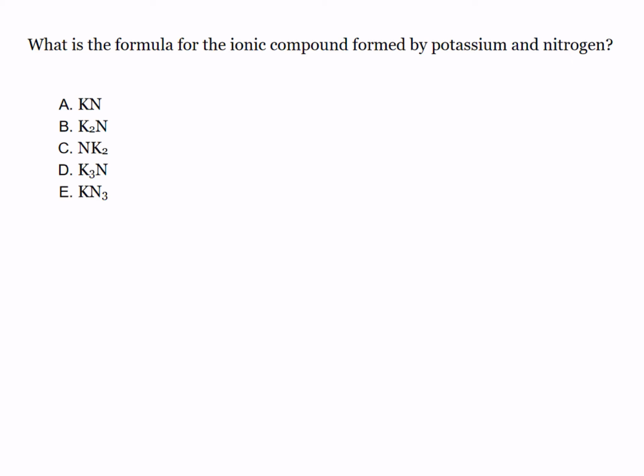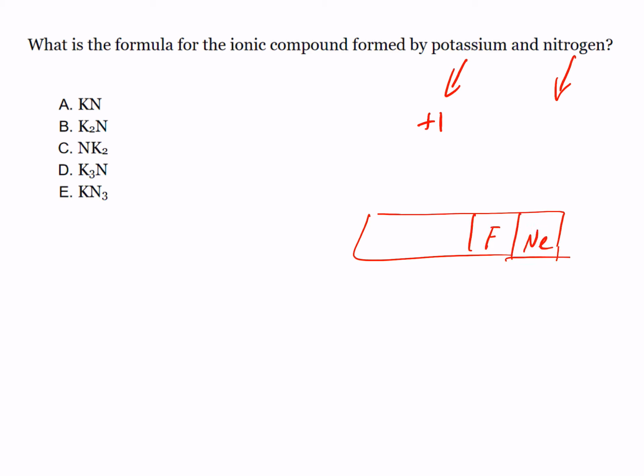Another thing that you need to know is the common charges of the monatomic ions. So just looking at the periodic table, can you tell what the charge of that particular element is? So we have potassium, which is a group 1, has to be +1, and we have nitrogen. If you take a look at nitrogen here, we have neon, we have fluorine, we have oxygen, and then here comes nitrogen. So nitrogen is 1, 2, and 3 spaces away from the noble gas.